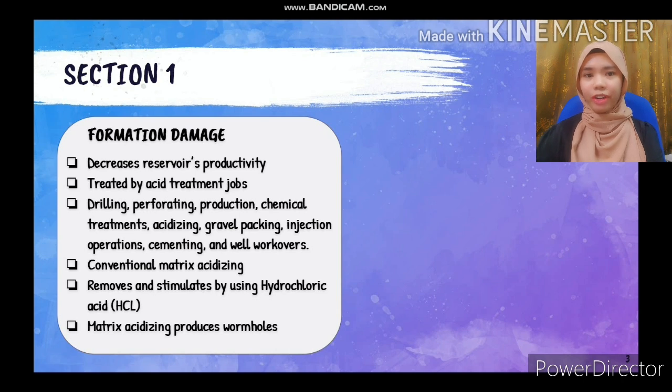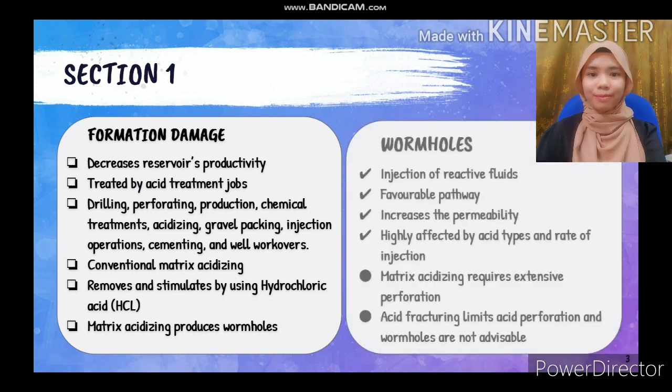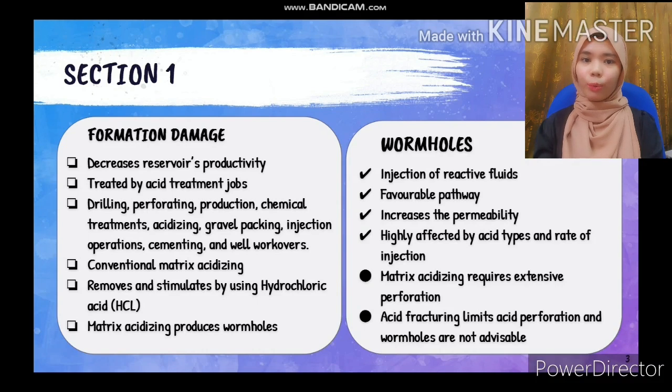In carbonate reservoirs, conventional matrix acidizing is used to remove damage and stimulate the well performance by using HCl, also known as hydrochloric acid. This conventional matrix acidizing produces wormholes. Wormholes, what are they?